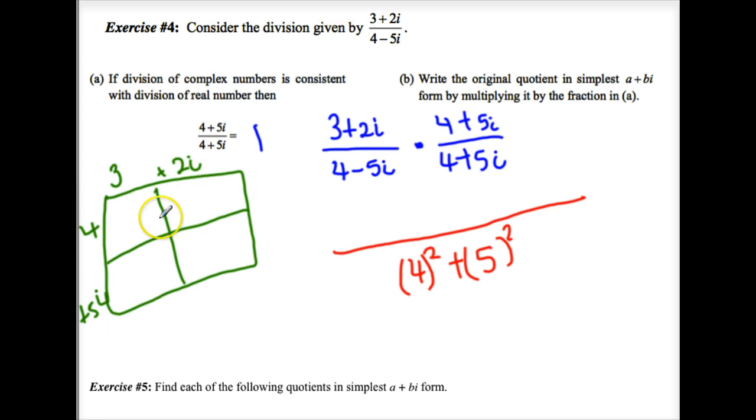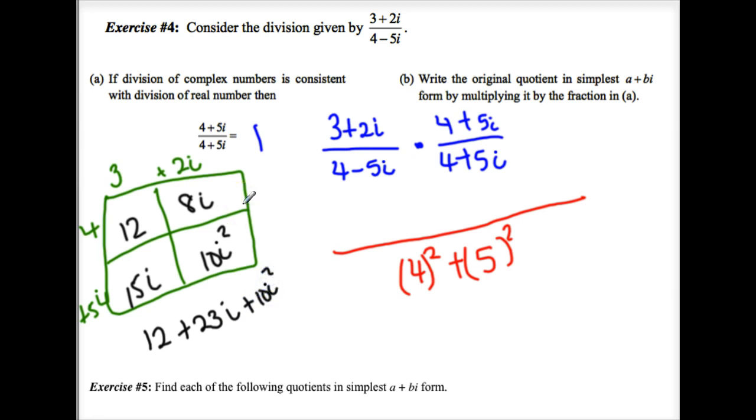So let's fill this in. 3 times 4 is 12, 8i, 15i, 5 times 2 is 10i squared. So this becomes 12 plus 23i plus 10i squared.